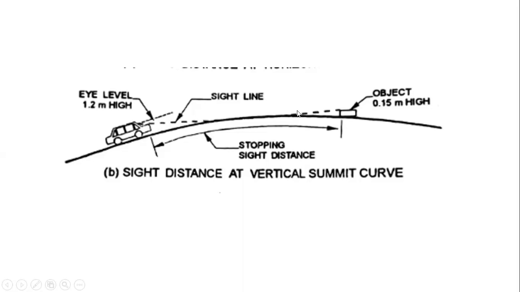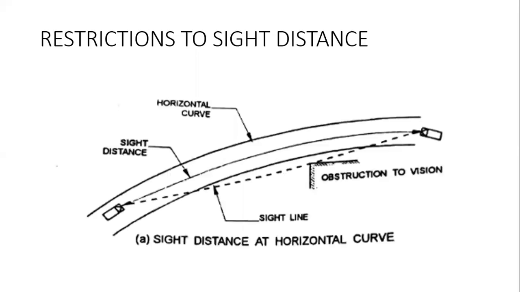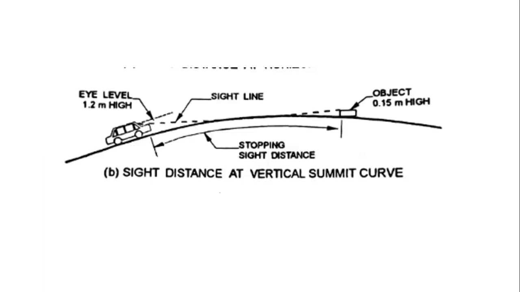So that's why here sight distance is restricted due to this vertical summit curve. Okay, so you remember in the case of a horizontal curve, the sight distance is obstructed because, as I said, there will be some obstruction on the inside of the curve. So you should understand the concept and then write the answers for me.